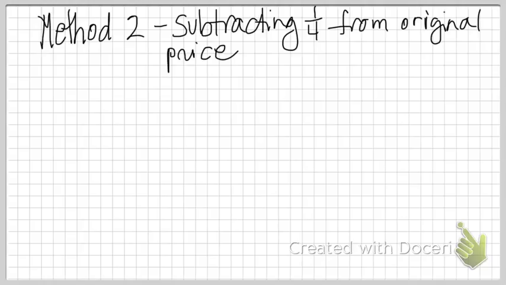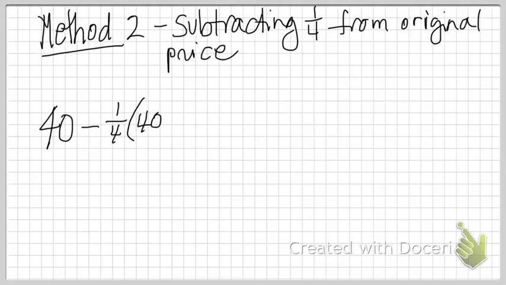So anyway, method 2 is just more algebraic in nature, and it's subtracting 1/4 from the original price. So we would have our original price, which is $40, and we would subtract 1/4 of $40.